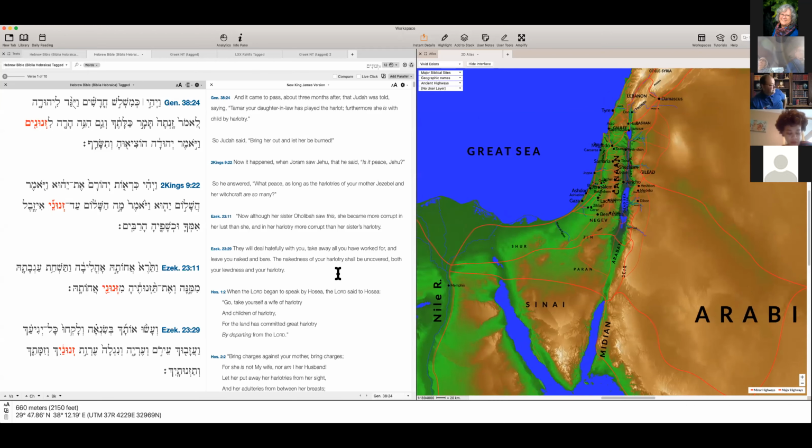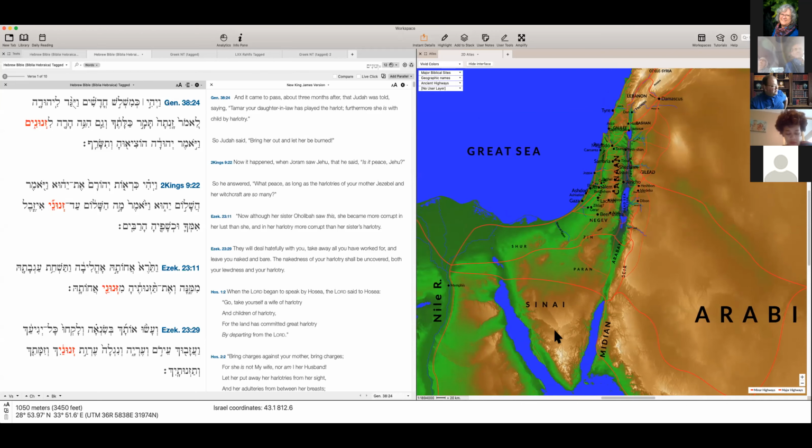Okay, so this is the capital of Egypt. The people of Israel were scattered all over. They were around here. That's the land of Goshen. And they began to move to Mount Sinai. That's where Mount Sinai is.